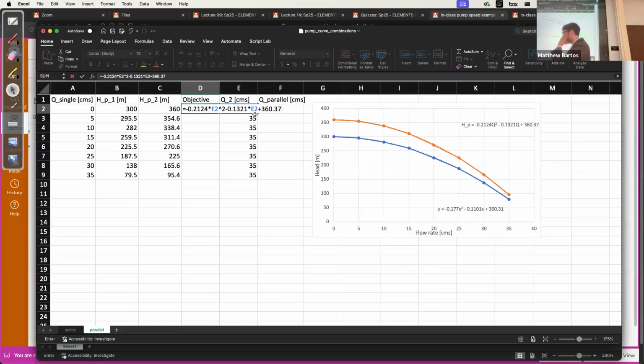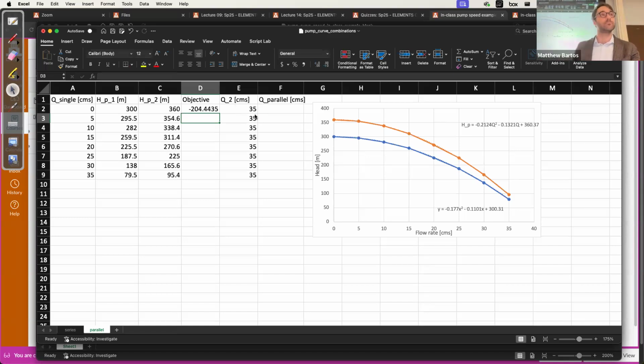Now we're trying to find the Q such that this evaluates to a head of 300. We can do that by subtracting 300 and then finding the Q, the discharge, such that this cell evaluates to 0. We can do that using Goal Seek.